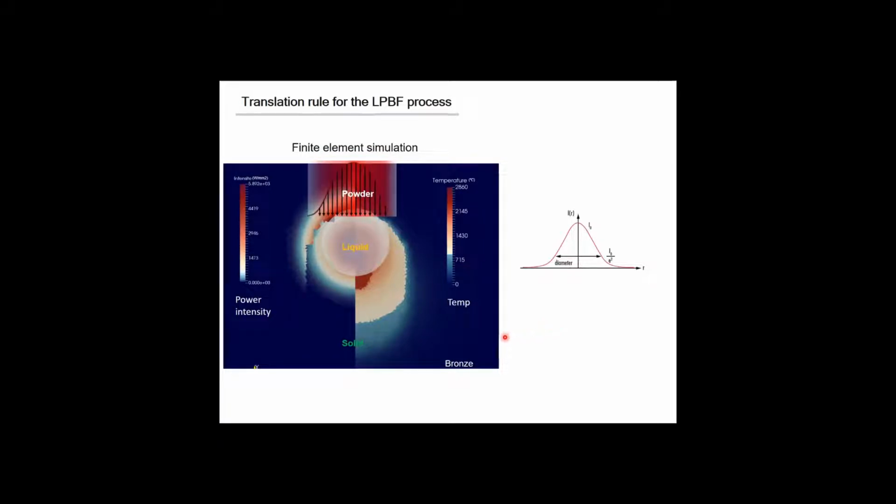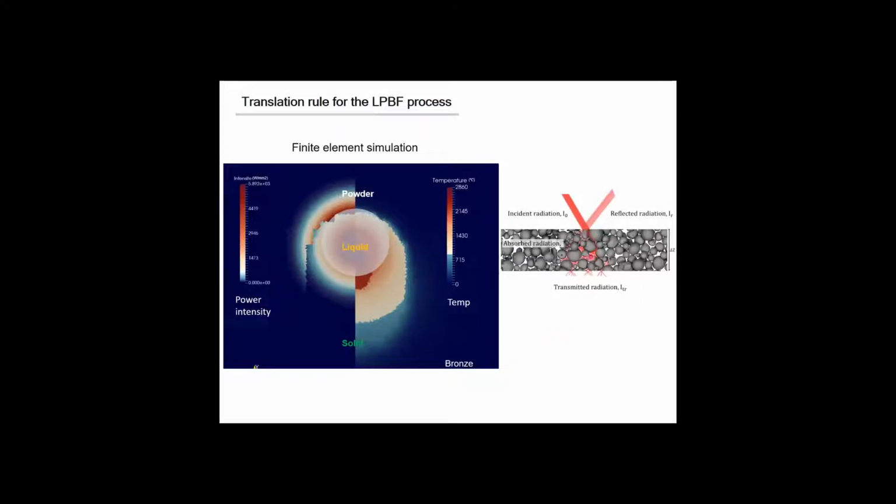Then you can look at what happens at the interaction with either the powder or the liquid. So at the powder level, you can find penetration depths, which you can measure experimentally. We have done that using a spectrophotometer. And basically, the amount of energy being absorbed there is the incoming intensity, you subtract the reflected one, but also you remove the transmitted one here.